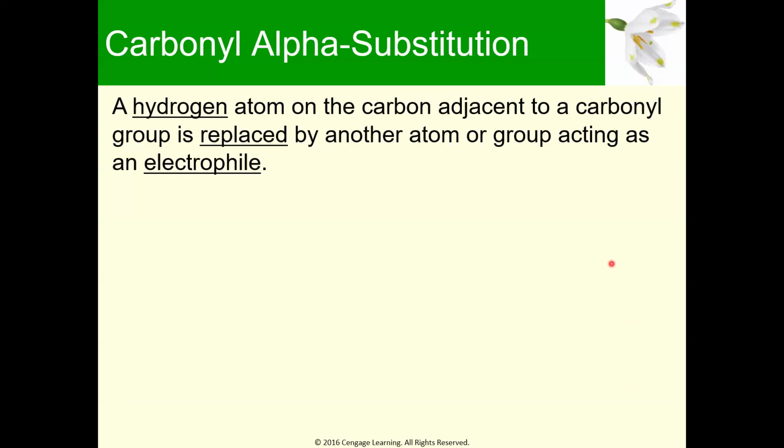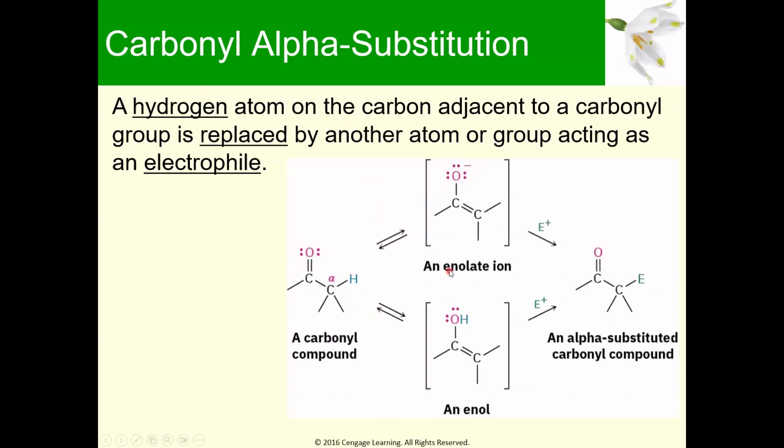So we could do a carbonyl alpha substitution. What was a hydrogen alpha to a carbonyl can get substituted with another electrophile. So a hydrogen atom on the carbon adjacent to a carbonyl group is replaced by another atom or group acting as an electrophile. You can see that here with E representing an electrophile.